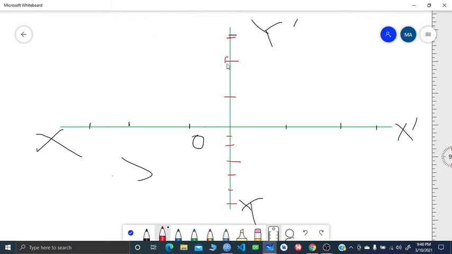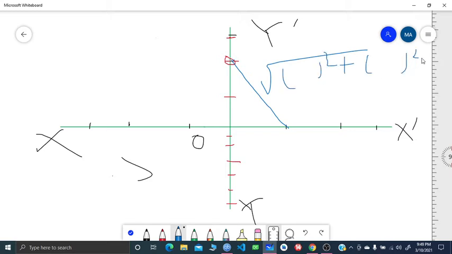If this miner wants to go to this place, then the total power it costs is the Euclidean distance: x1 minus x2 whole square plus y1 minus y2 whole square. That's going to be counted as power.